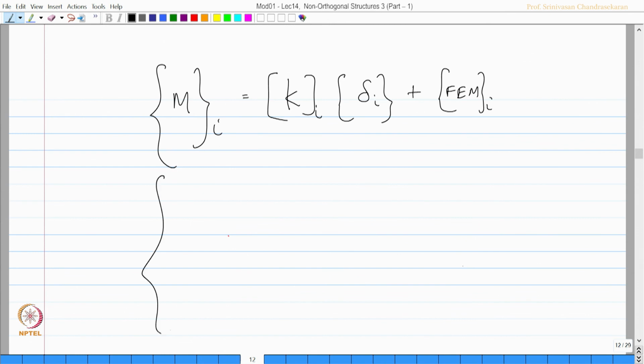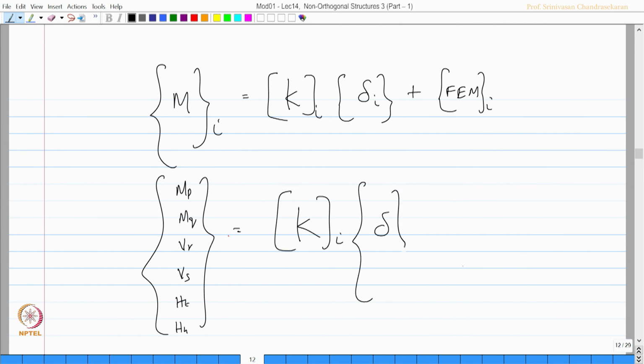Whereas, I can expand this and write m p, m q, v r, v s, h t, h h will be equal to the k matrix of the ith member in local multiplied by delta of the ith member plus fixed end moments of the ith member. Okay.